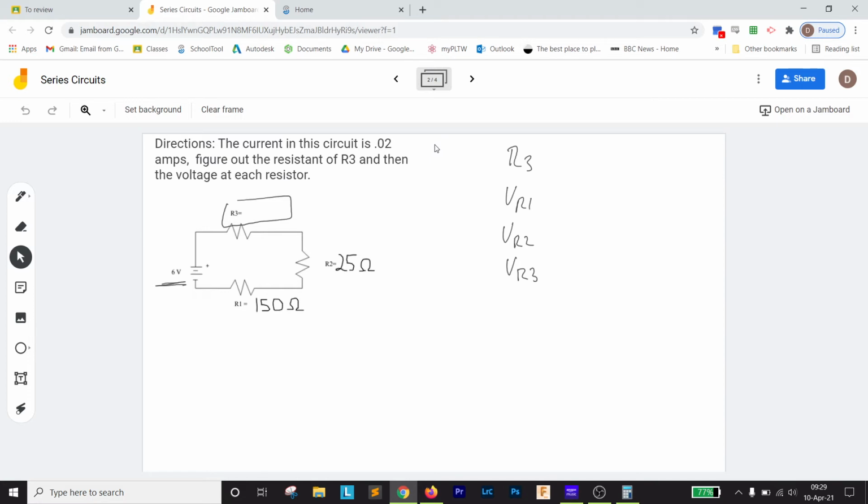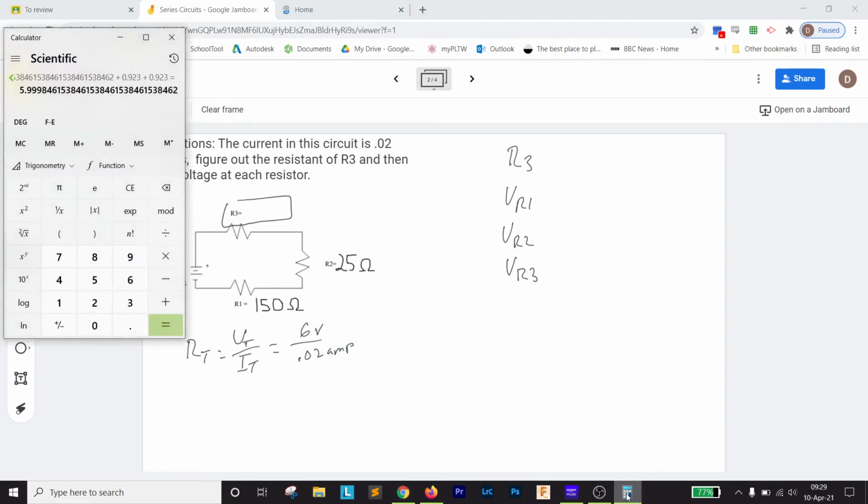And to find the total resistance, R total equals V total over I total, which is 6 divided by 0.02 amps. So I'm going to take my calculator out, 6 divided by 0.02 amps, and then I have an R total of 300 ohms.